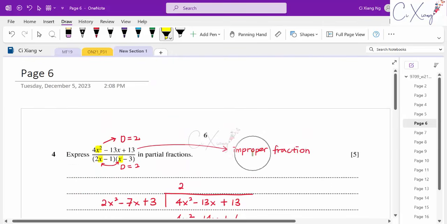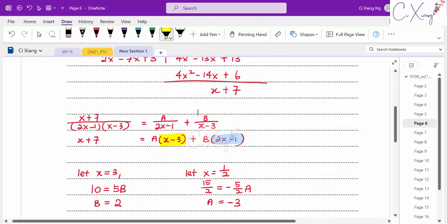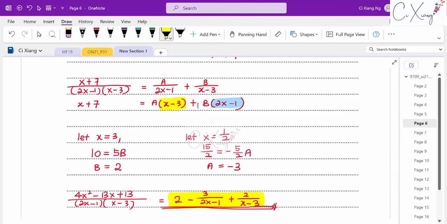If you're having an improper fraction like this, you have to change it to a proper fraction first by using the long division. And after that, only then can you get this proper fraction and change it to the partial fraction. So this is a small detail that you need to check before you can start answering this question. All right, so this is how we answer question number 4.